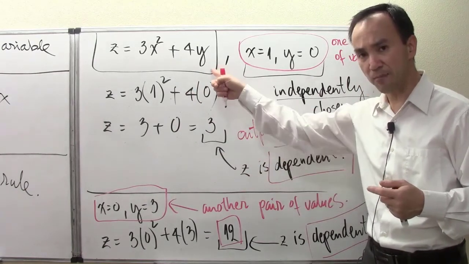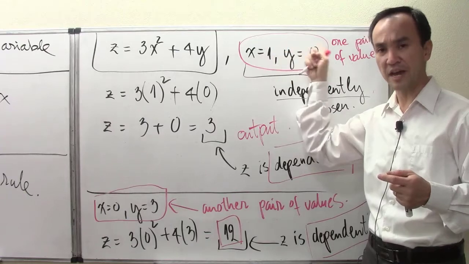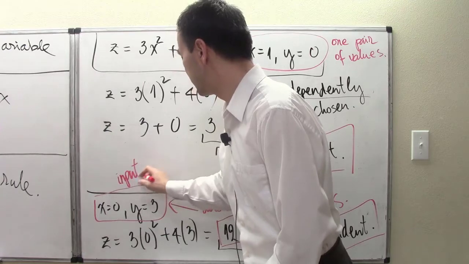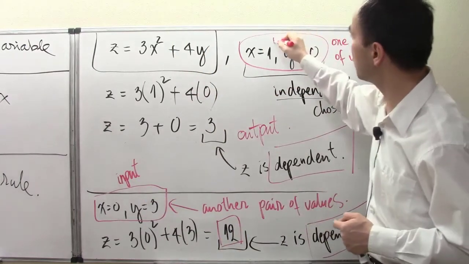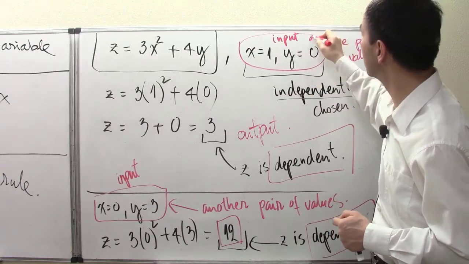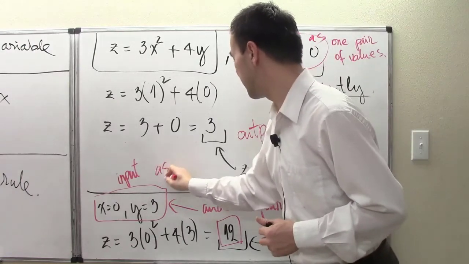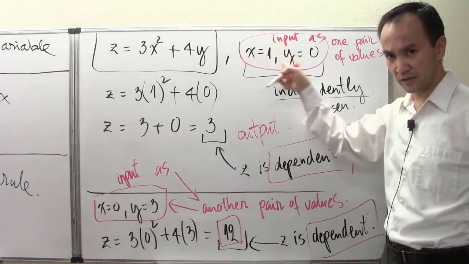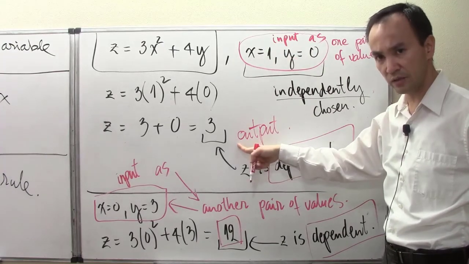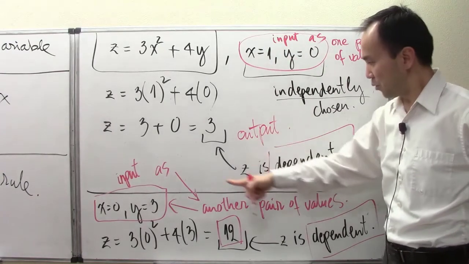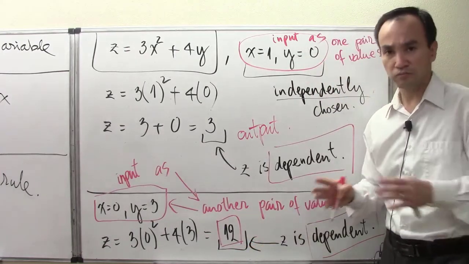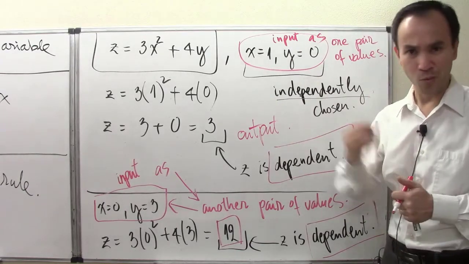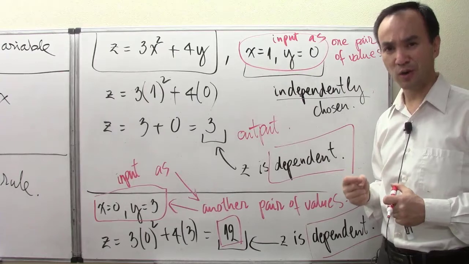Here the input exists as a pair of values: input as one pair, input as another pair of values. One input as a pair comes out with one uniquely calculated output. So no matter what we do, it still circles around the concept of a function: one input coming out with only one output.